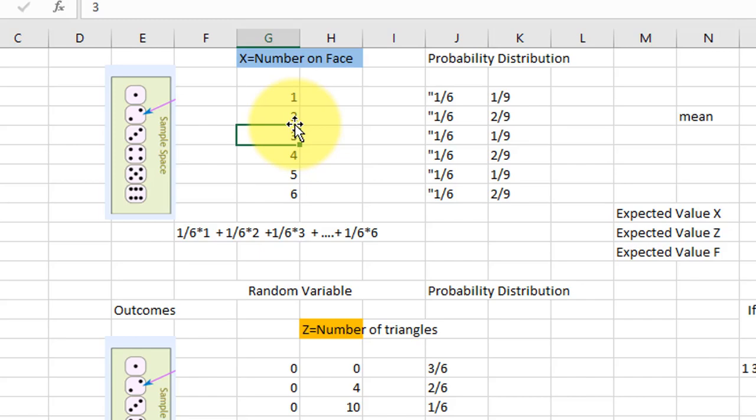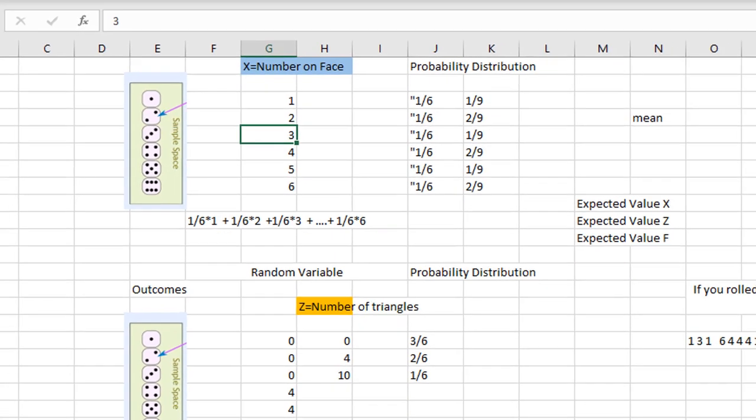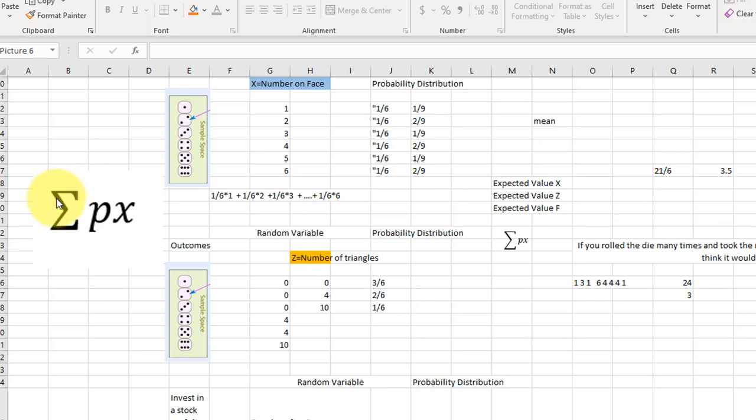So what we're saying is to get the expected value, you do this. We take each x and multiply it times its corresponding p, and you sum them up.